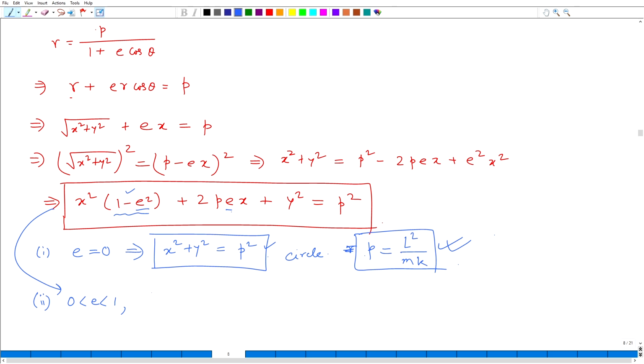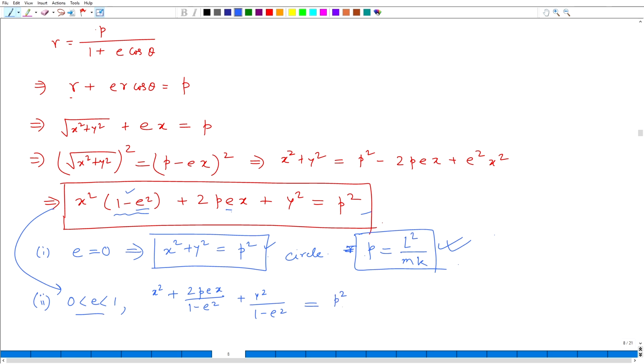x square plus 2 p e x by 1 minus e square. I am just dividing everything by 1 minus e square, which is a positive quantity here for this case where e is less than 1, plus y square by 1 minus e square, and then the right hand side I write in a smart way.